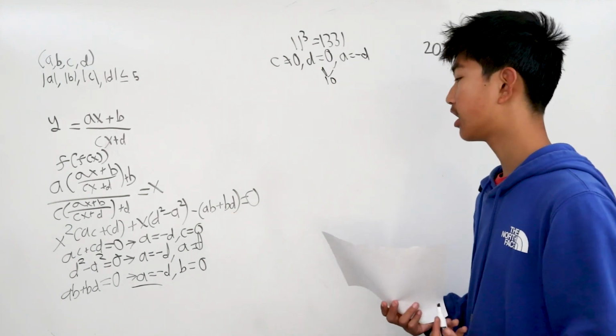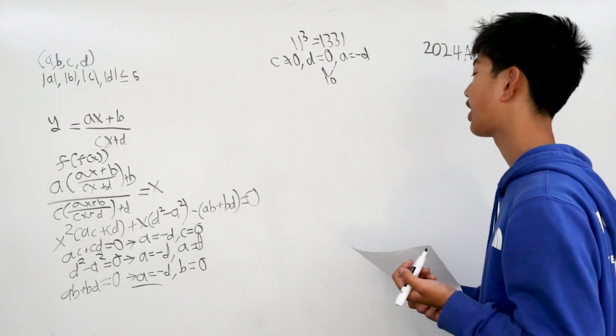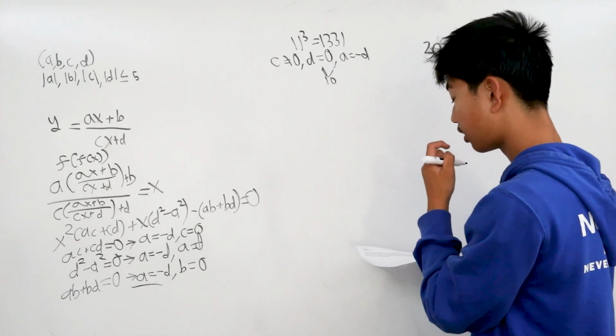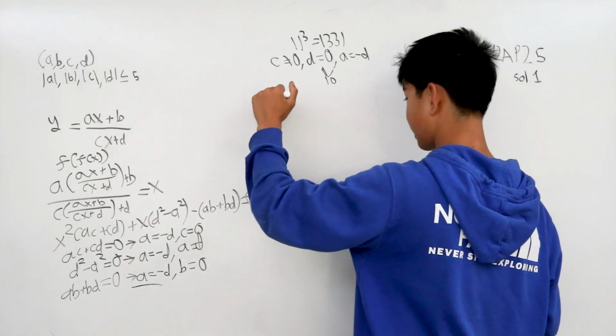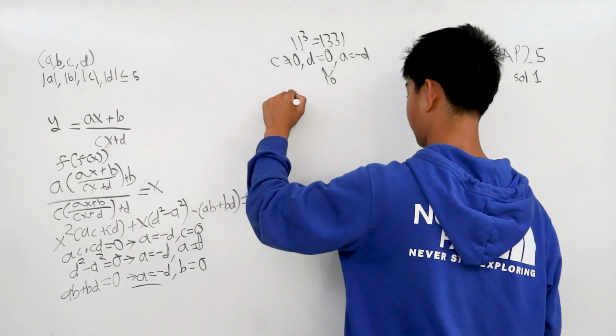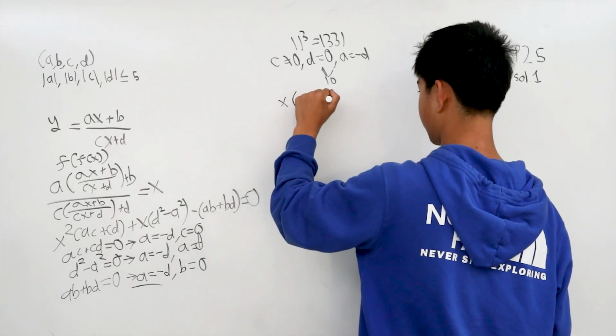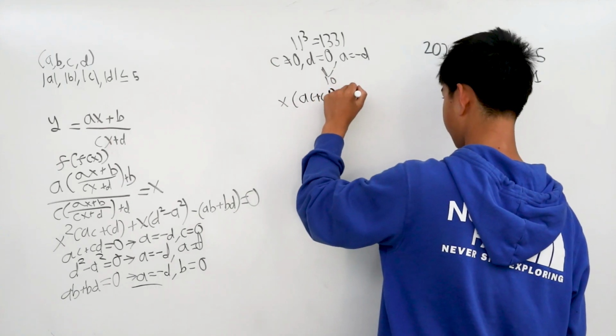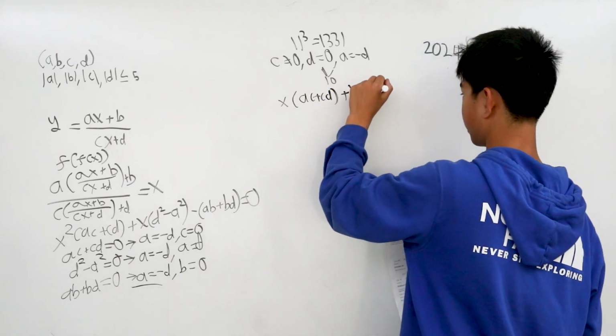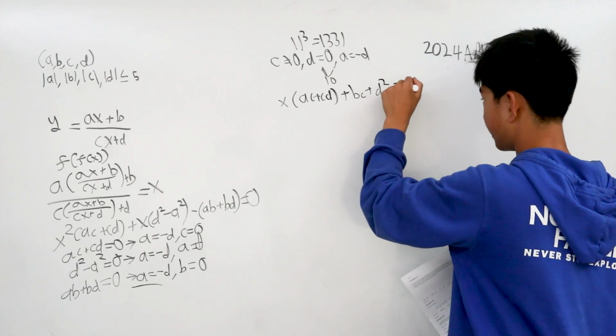However, now we'd like to subtract the cases. So we get the equation x times (ac plus cd) plus bc plus d squared is 0.